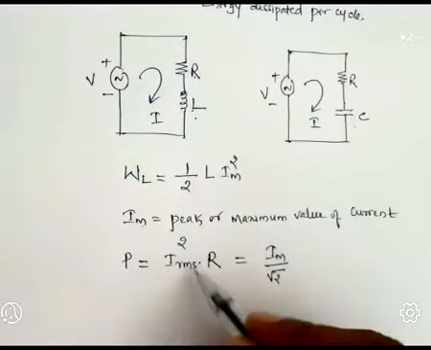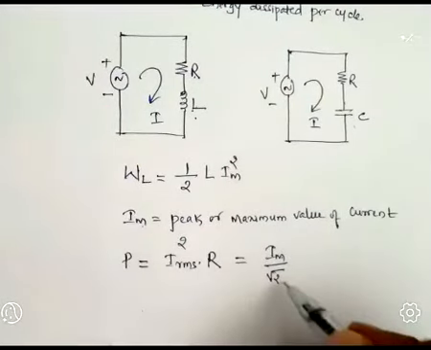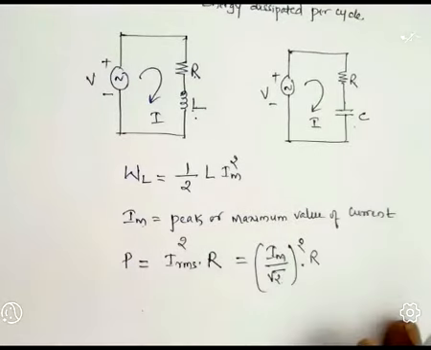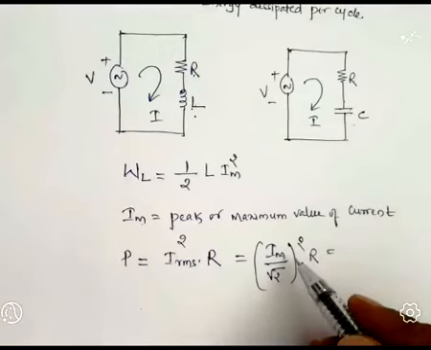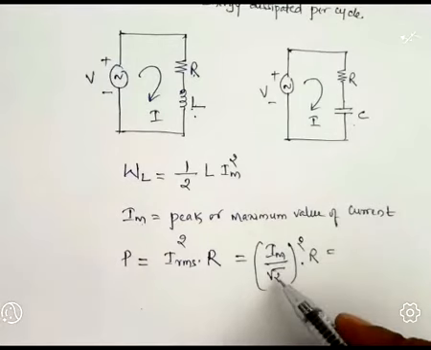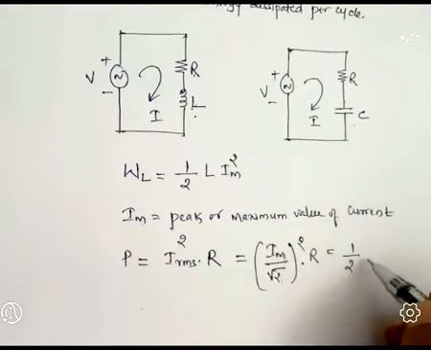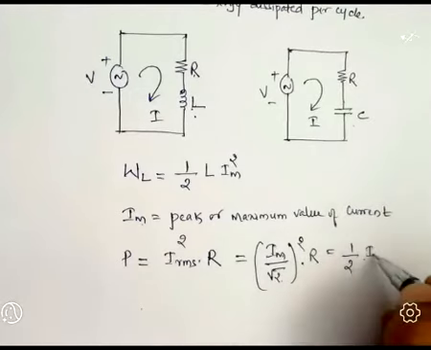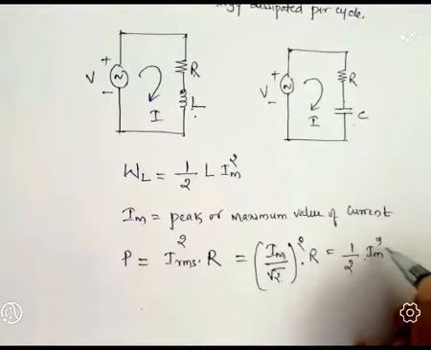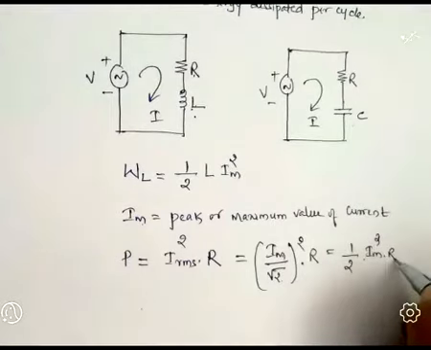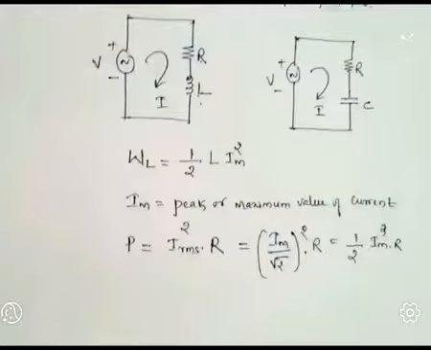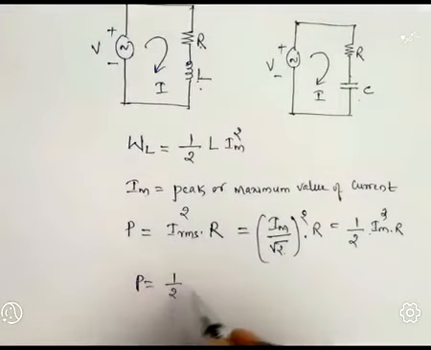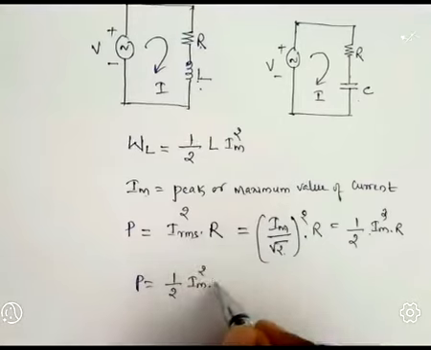IRMS equals maximum current divided by square root of 2, squared, multiplied by R. Let us do the simplification. Square of 1 by square root of 2 becomes 1 by 2, multiplied by Im square into R. So we calculated power, that is 1 by 2 Im square into R.